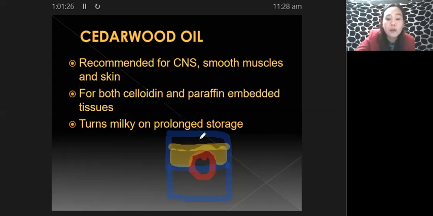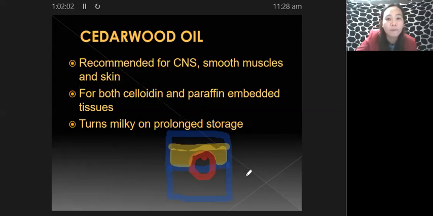All right. So another problem for your cedarwood oil is that it is very difficult to be replaced by the infiltrating medium. Okay, so that's the problem. And so, in order to facilitate the removal of your cedarwood oil from your tissue sample, we immerse it in xylene or benzene in order to remove the cedarwood oil, and then after which you perform infiltration.